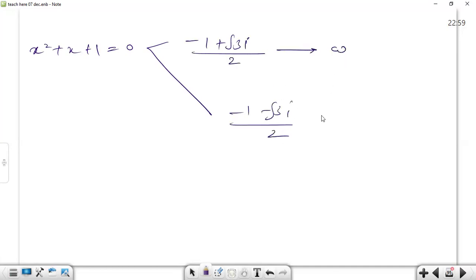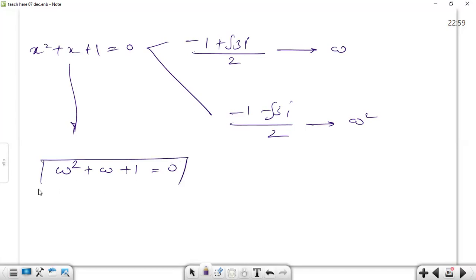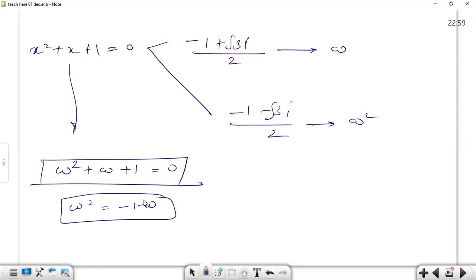This is referred to as omega, this is referred to as omega square. We know any root of any equation satisfies the equation, so let's put omega: omega square plus omega plus 1 is equal to 0. So this is a very important identity which is used multiple times when we solve questions. So from here we can say that omega square's value is minus 1 minus omega, okay.